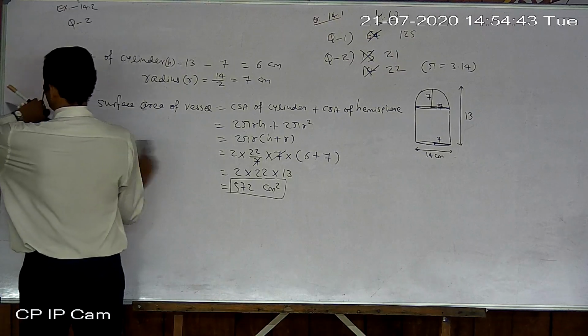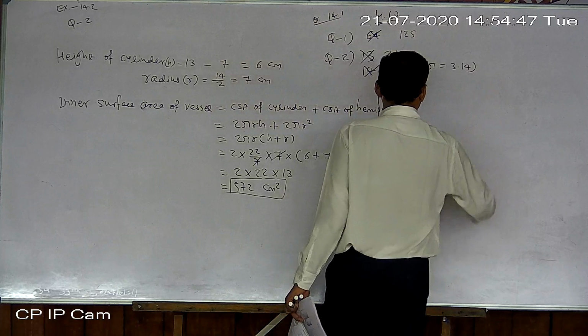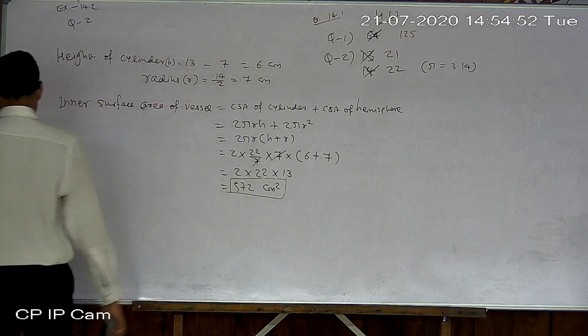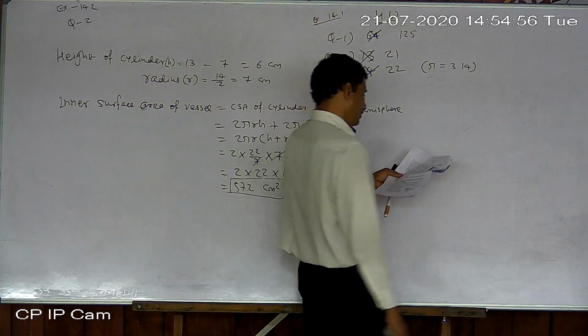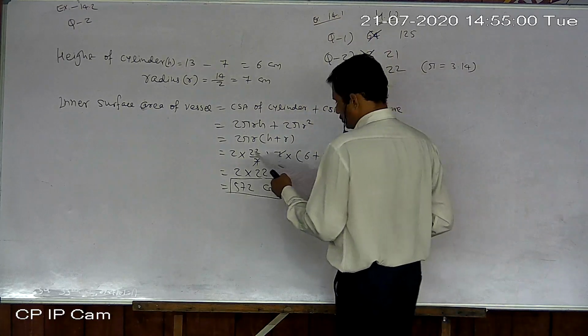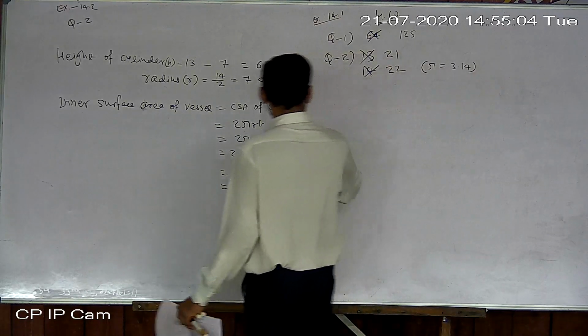Now look at number 3. A toy is in the form of a cone of radius 3.5 mounted on a hemisphere of same radius. The total height is given, find the total surface area of the toy.